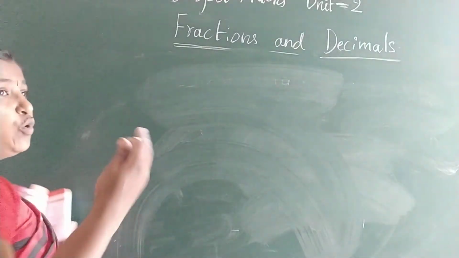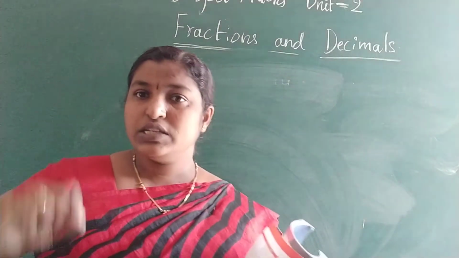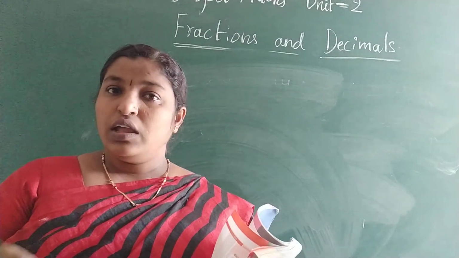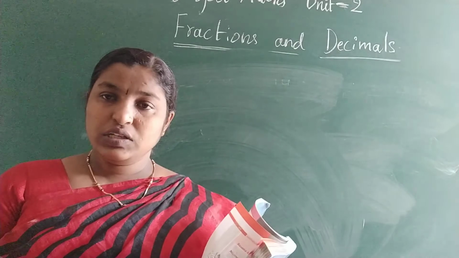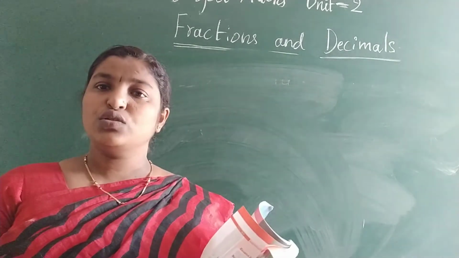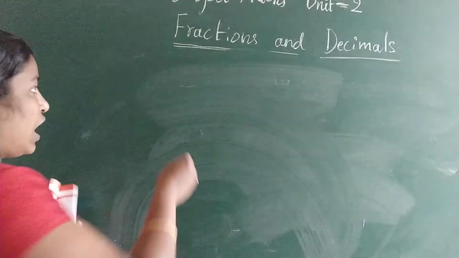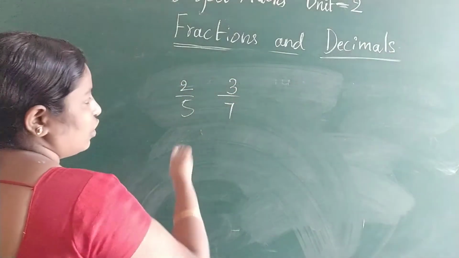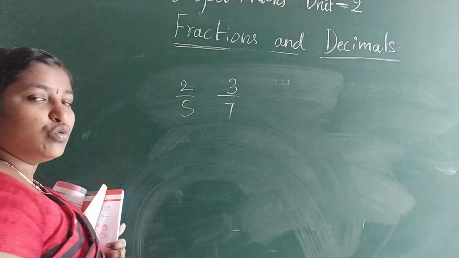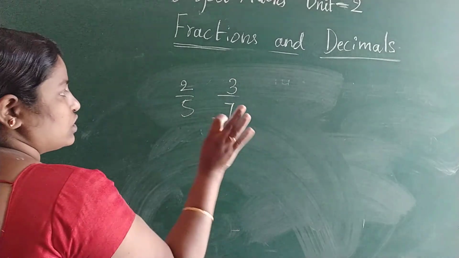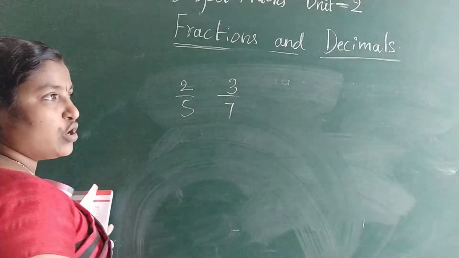I told you what to do if the denominators are the same or the numerators are the same. Now in this case, the numerator is not the same and the denominator is also not the same. For fractions like 2 by 5 and 3 by 7, how do we identify which is bigger and which is smaller?